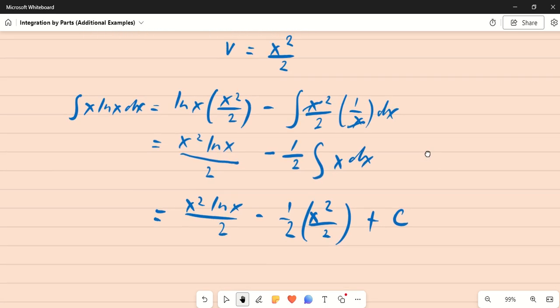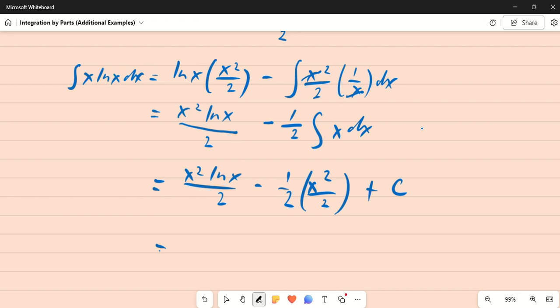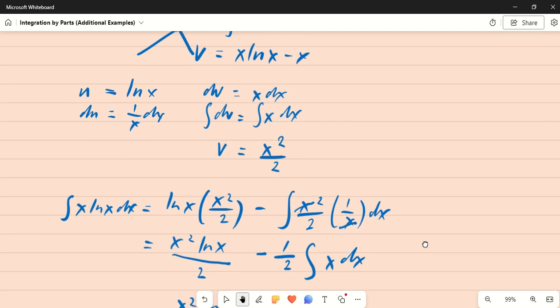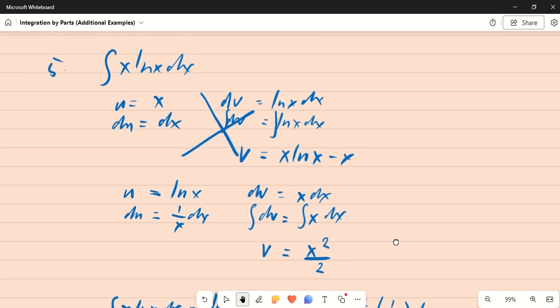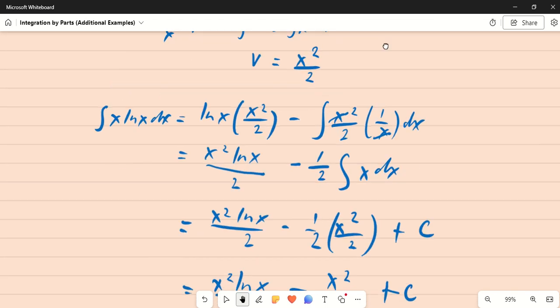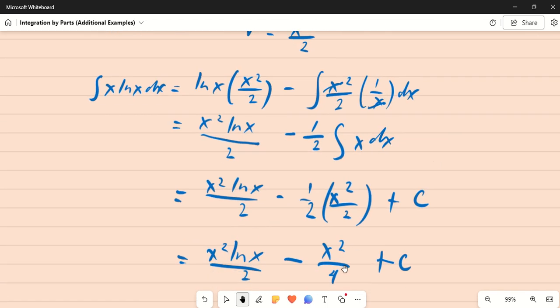Simplifying it further, you'll be having x squared ln of x over 2 minus x squared, then 2 times 2 in our denominator, that will be 4, then you add your arbitrary constant c. That's the integral of our example here, x ln of x dx. That's equal to x squared ln of x over 2 minus x squared over 4 plus c.